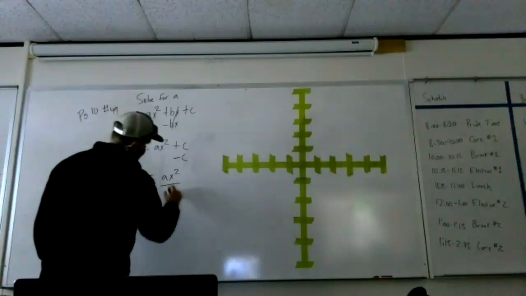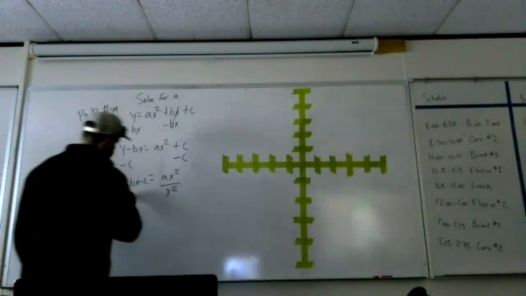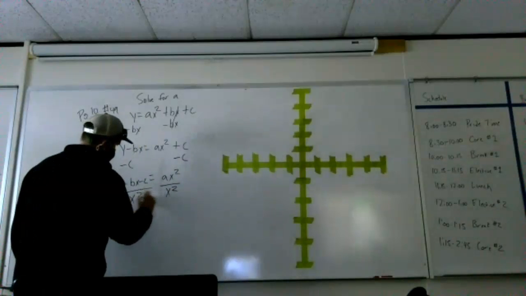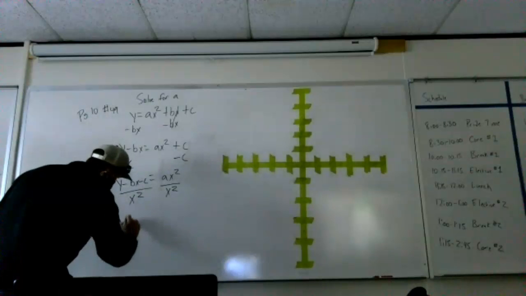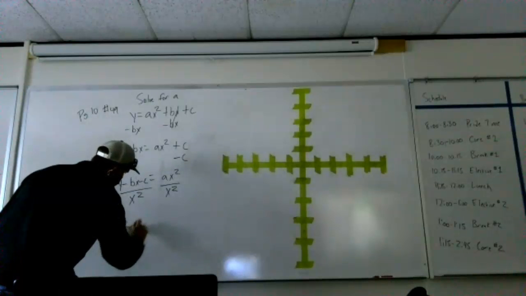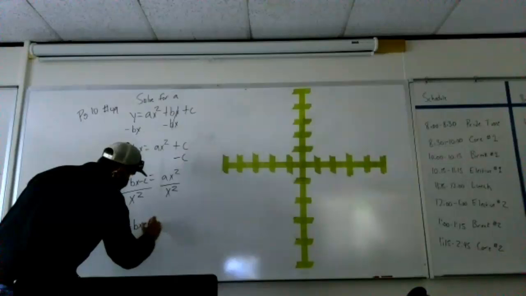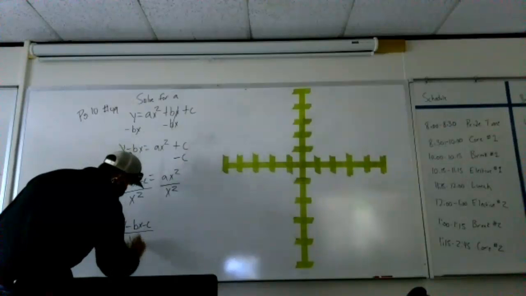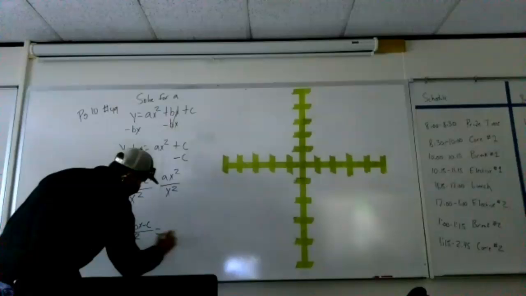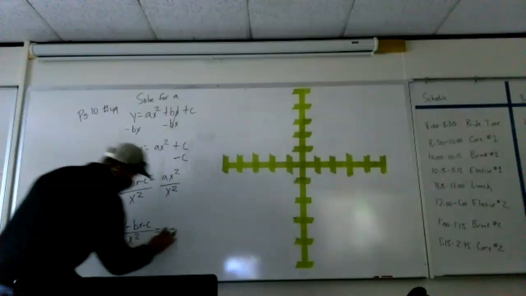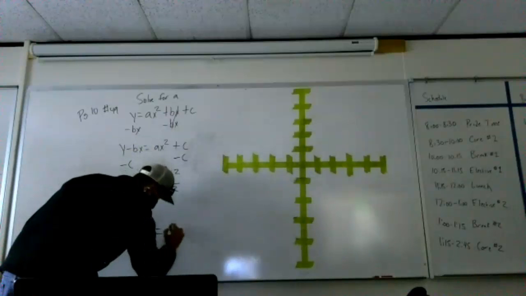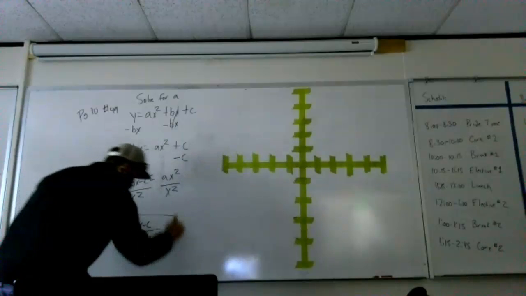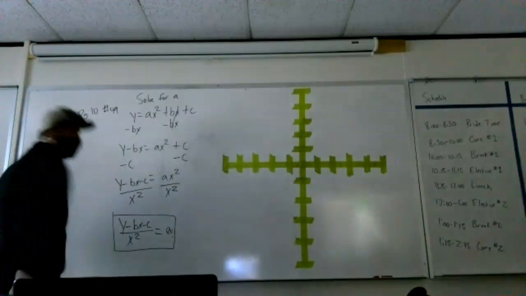So if I divide both sides by x squared, I am left with y minus bx minus c, all divided by x squared, is equal to a. It's a horrible a. And that is my solution.